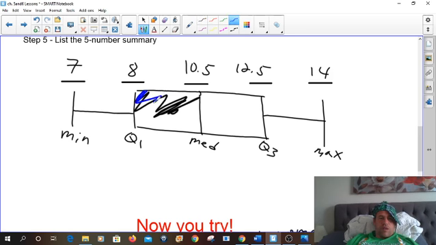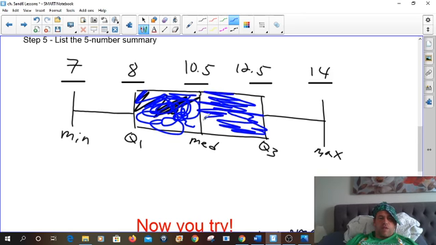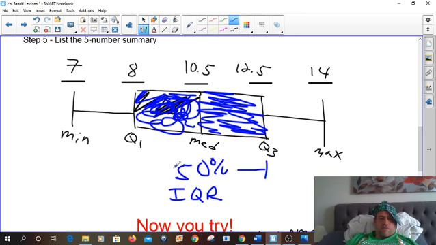If we shade the whole thing, that would be the range, max minus minimum. But if we shade this part in, this would be the 50% of the data. So you do Q3 minus Q1, which is the IQR, the interquartile range, basically the 50% range.